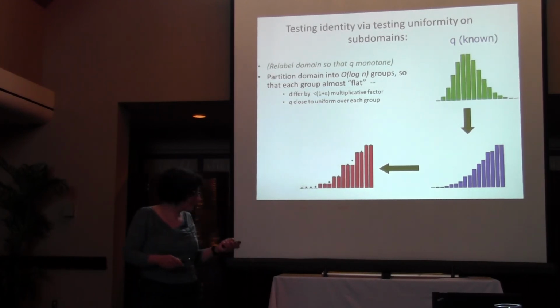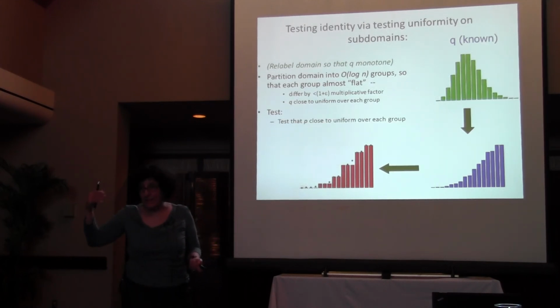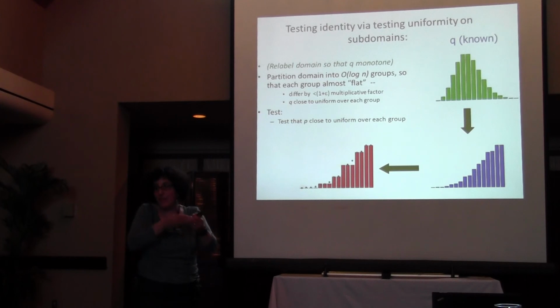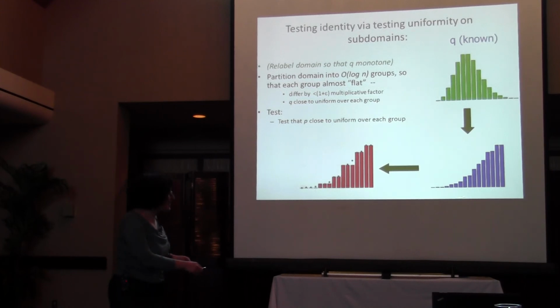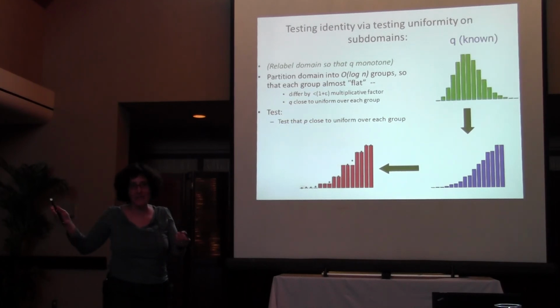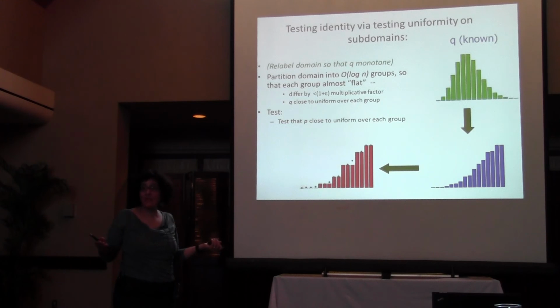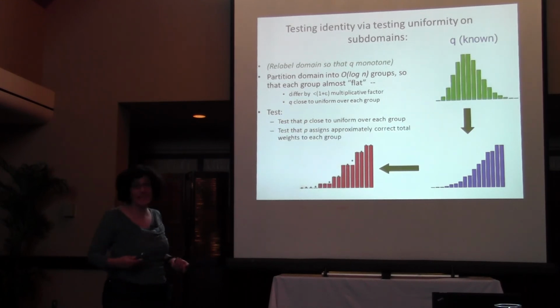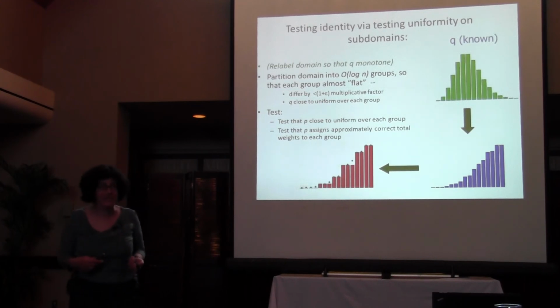So this is what our test is going to be. We take samples from P. Since we know Q, for each sample of P we know which group it should have landed in, so we put them into buckets according to how Q bucketed things. Then we test that P is close to uniform in each group, and secondly, we test that P assigns approximately the correct total weight to each group.